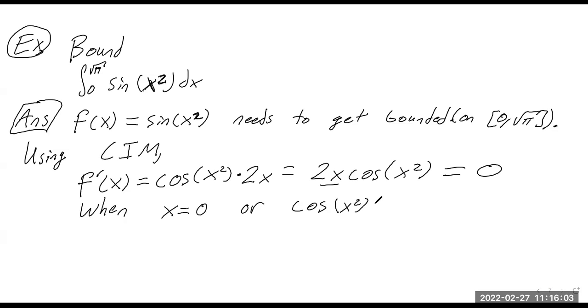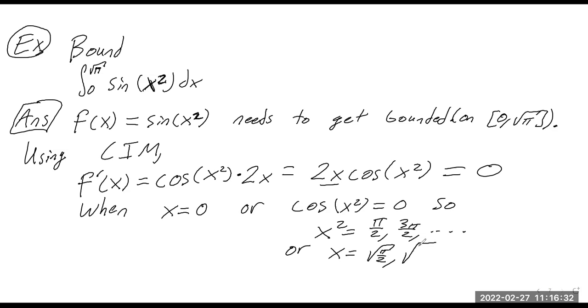But it's also equal to 0 whenever cosine of x squared is equal to 0. And that happens whenever x squared is equal to, say, pi over 2, 3 pi over 2, and so on and so forth, as well as negative values. Or x is equal to the square root of pi over 2, the square root of 3 pi over 2, and so on.